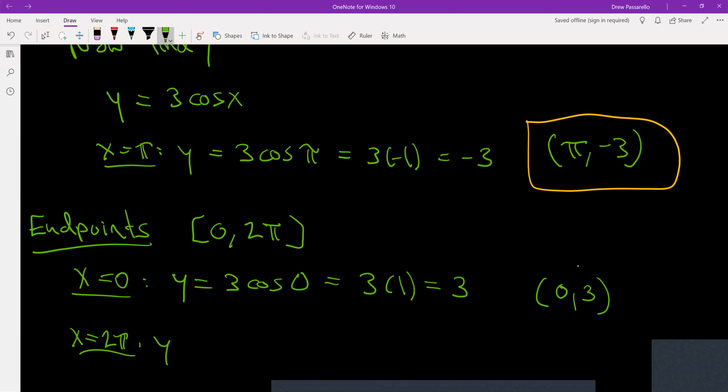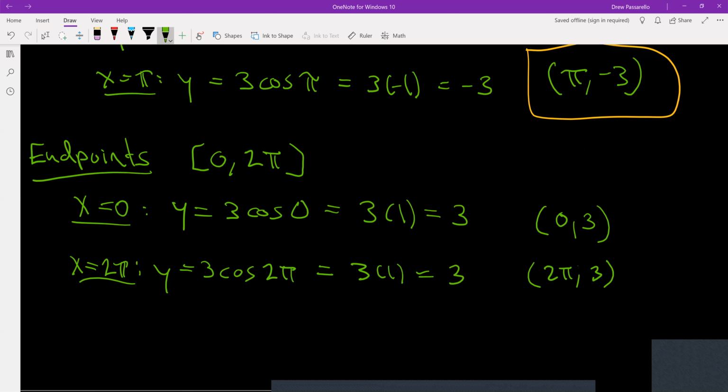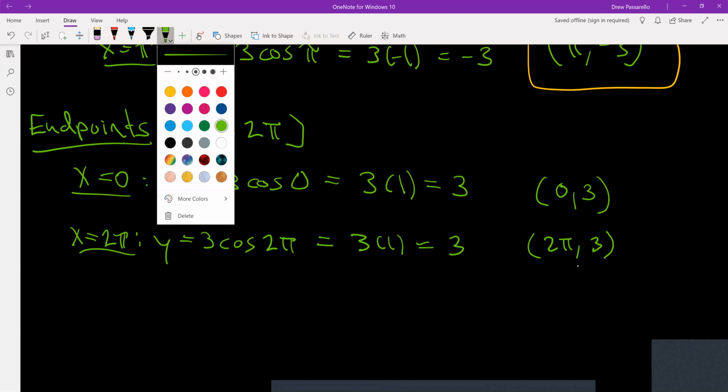So 3 cosine of 2 pi. That puts you at, so cosine of 2 pi is the same thing as cosine of 0, which is 1. So 3 times 1, which is 3. So then my input was 2 pi, and the output was 3. And notice these both have the same y coordinates.